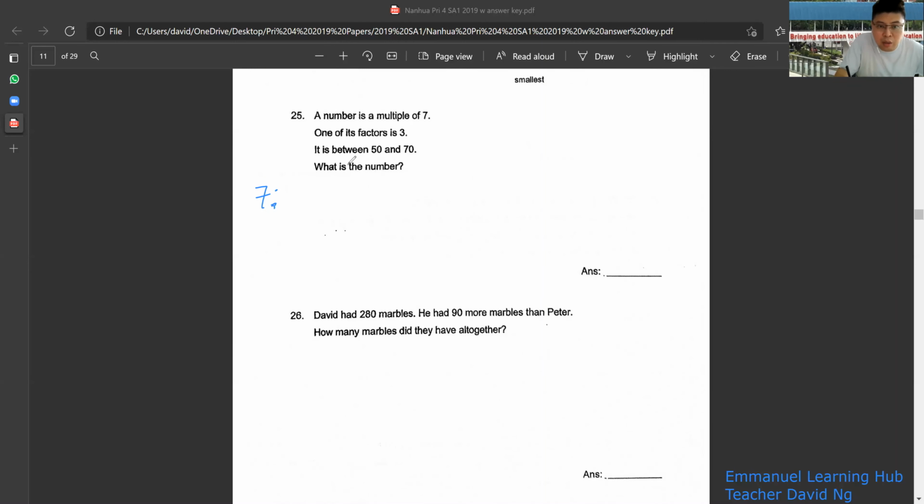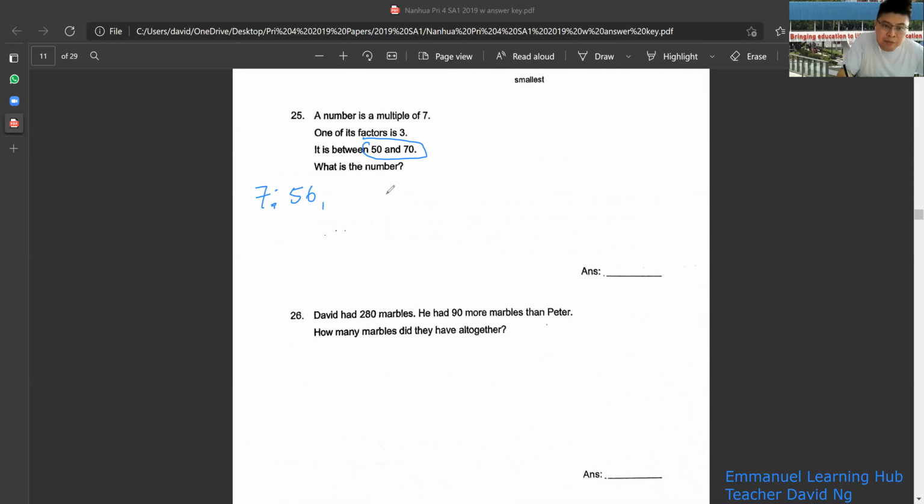List out the multiples between 50 and 70. Okay, multiples of 7. Not 57, nope. 56. Because 7 times 8 is 56.